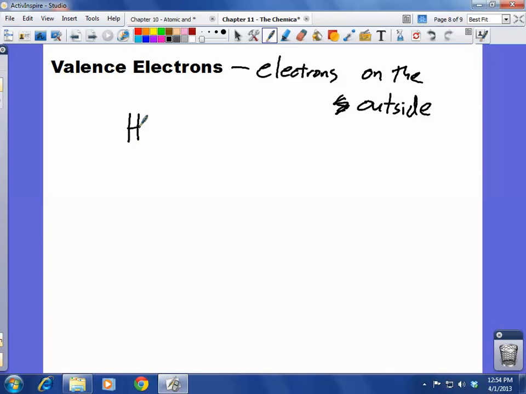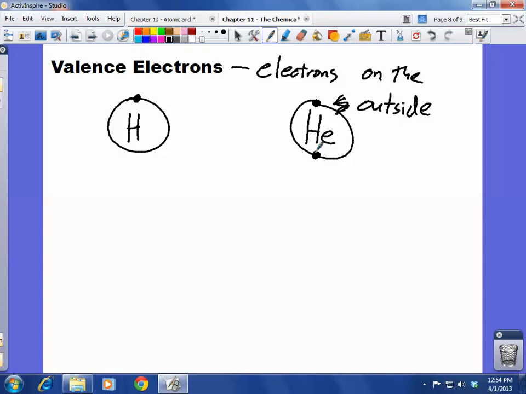hydrogen has 1 electron, and that 1 electron is going to orbit around hydrogen. If I move over to helium, helium has 2 electrons, and they both share a similar orbit, but this first orbit for those electrons can only fit 2.